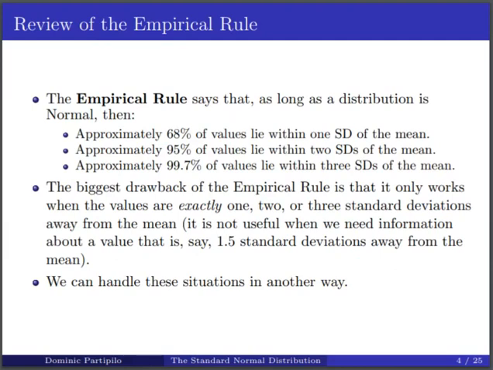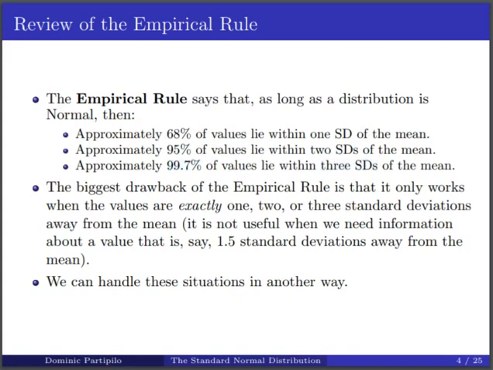Another thing I want to review is the empirical rule. Remember, the empirical rule said that approximately 68% of values lie within one standard deviation of the mean, 95% within 2 standard deviations of the mean, and 99.7% within 3 standard deviations of the mean.